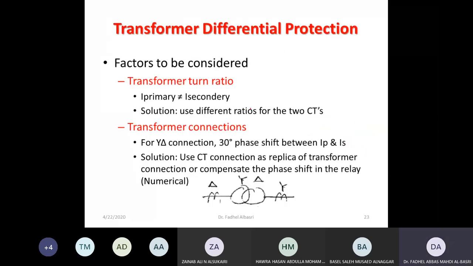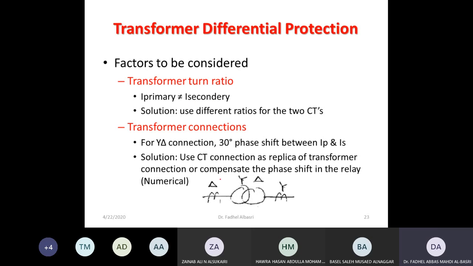Now let's apply this principle on transformer protection and generator winding protection. Inshallah, I'll try to cover today the transformer protection. If I have time, I will try to cover the generator protection. For the transformer, we have special difficulties compared to other types of protection, like motor winding protection, generator winding, or busbar protection.